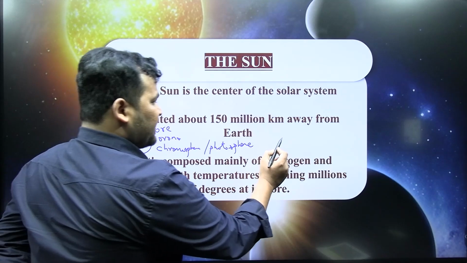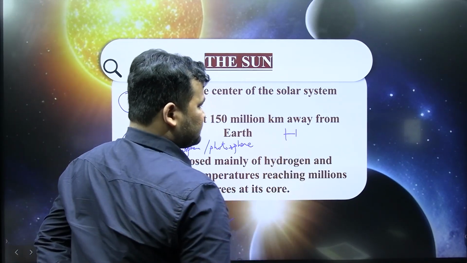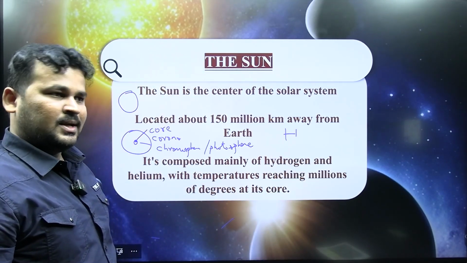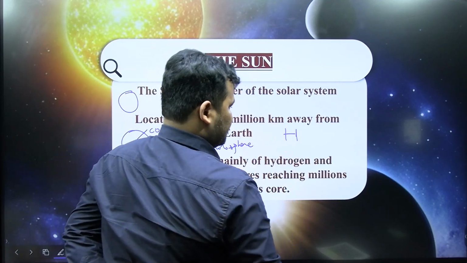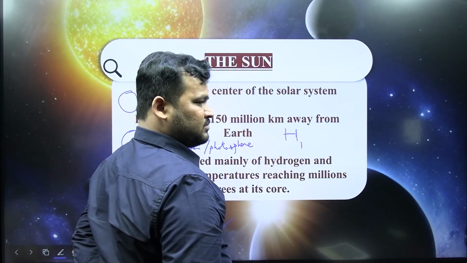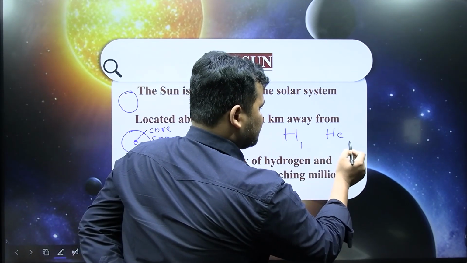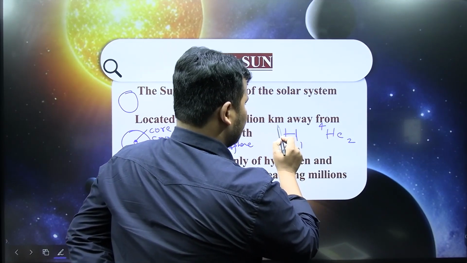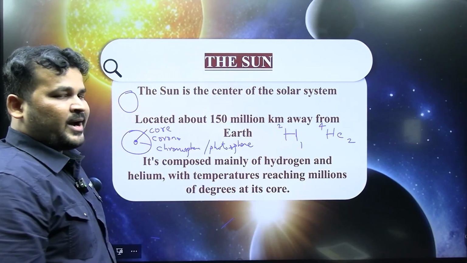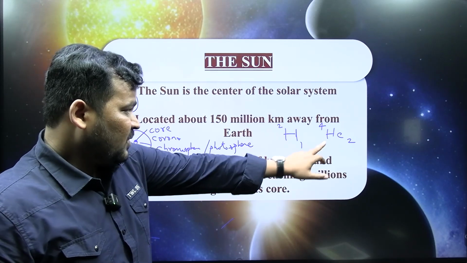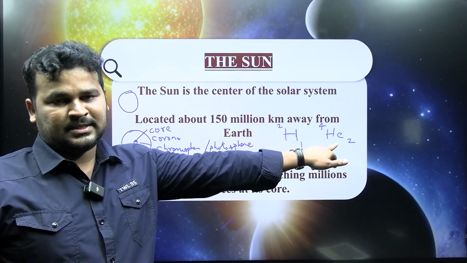We might have studied in the Mendeleev periodic table that hydrogen is the first element and helium is the second element. Helium is an inert gas.